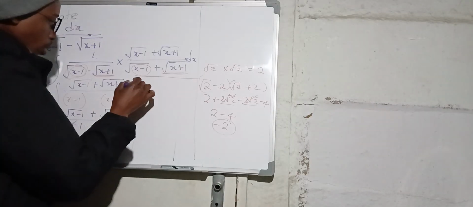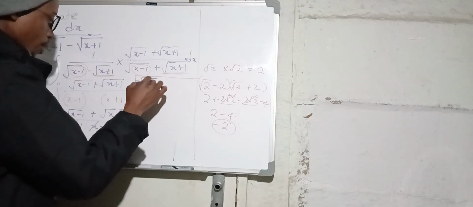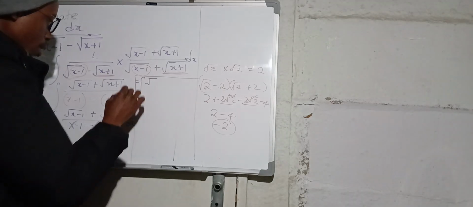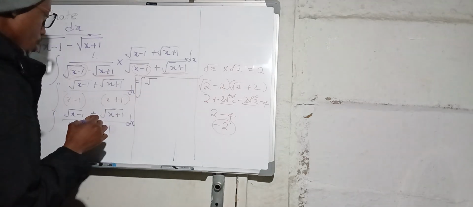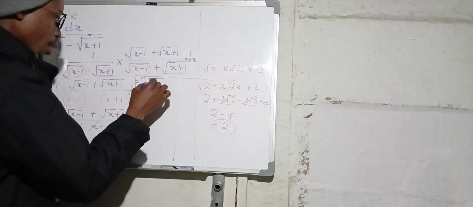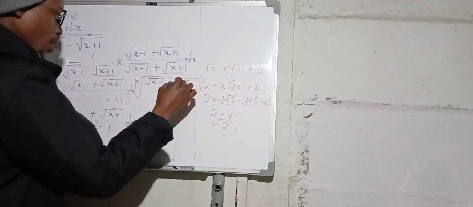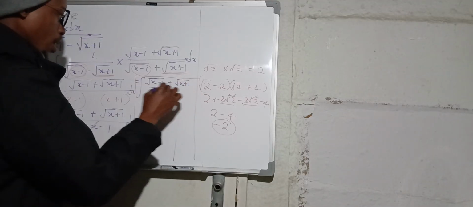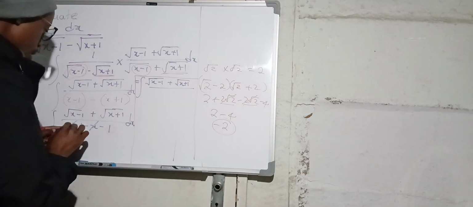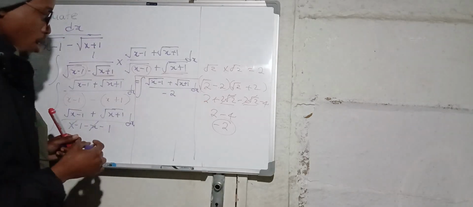So in the numerator, I'm forgetting to write my dx. Mathematics people are going to shout at me, but it's fine. I have root of x minus 1 plus root of x plus 1, and then I have negative 1 and negative 1 is going to give me negative 2 dx. Fine.